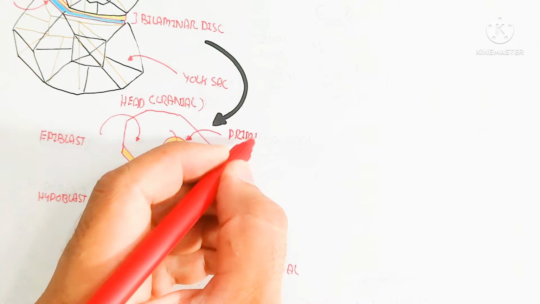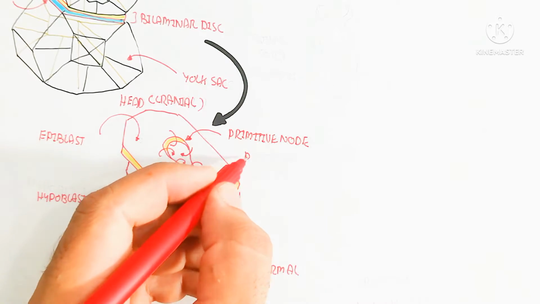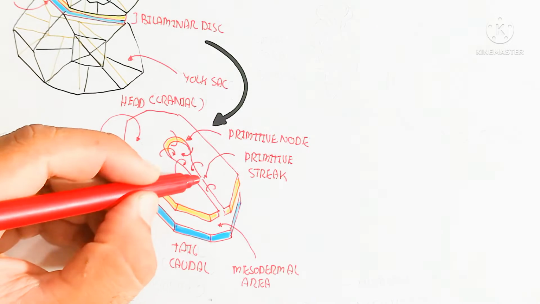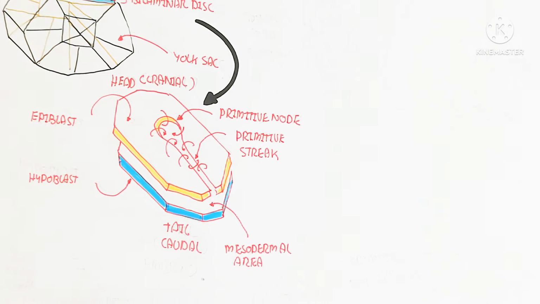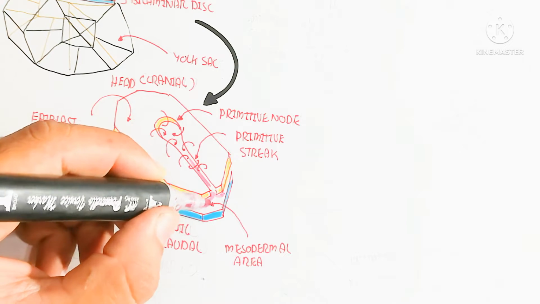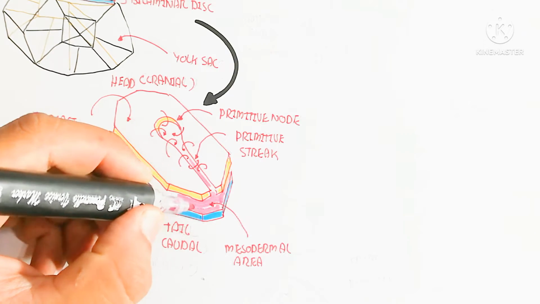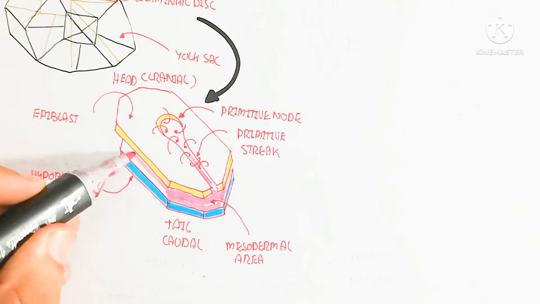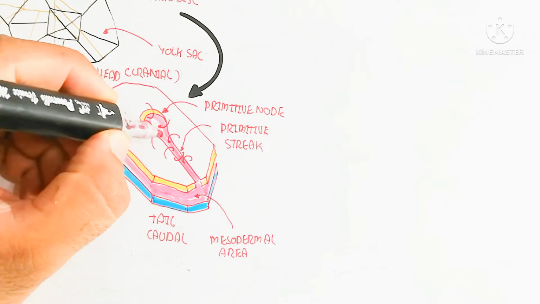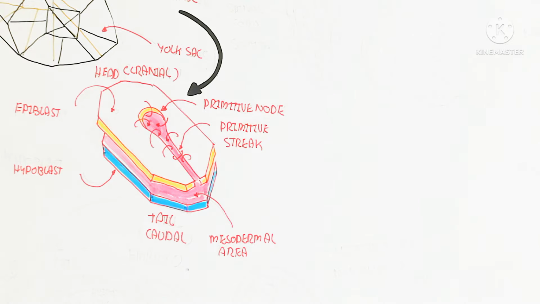So the precursor of ectoderm will invaginate, and this is the invagination process. The cells will move inside, between the epiblast and hypoblast. The pink color shows the mesodermal area, which is the differentiation and modification of cells from the epiblast moving inside, known as invagination.